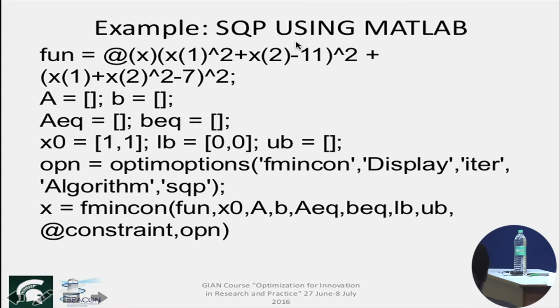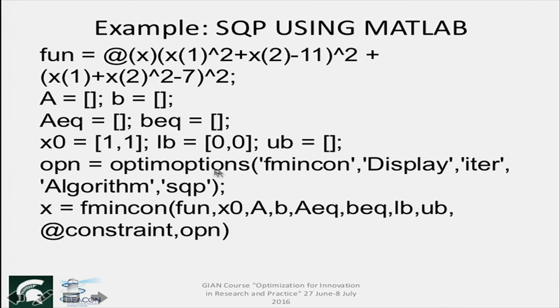Here, to use SQP, you have to go to the options, and there is a command called optimoptions. Choose fmincon, display every iteration of how it's doing, and choose the algorithm as SQP. If you do that, this is the syntax: x, and you can also put x comma fval, the function value it will give. This function that you have described first is going to be minimized starting with x0.